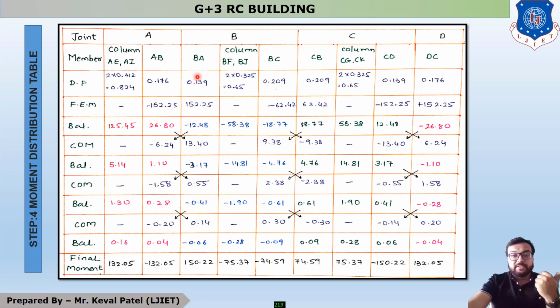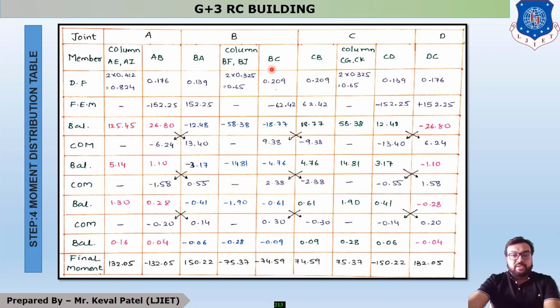For BA, it is 0.139. For the columns, you can see from the last lecture that for column BF as well as BJ, the distribution factor is 0.325. But if we merge both the columns, then we merge both distribution factors, so the final answer is 2 into 0.325, which gives 0.65.